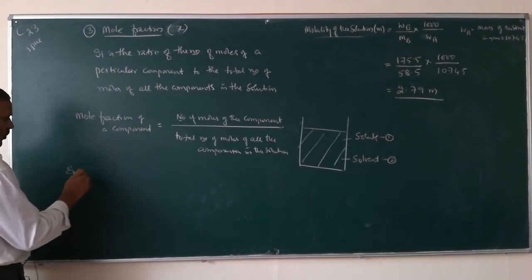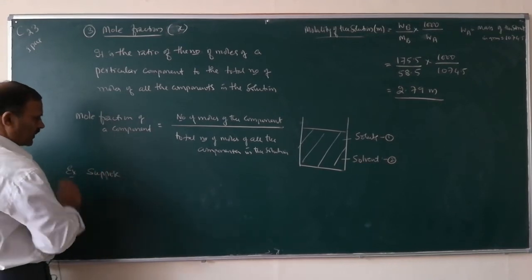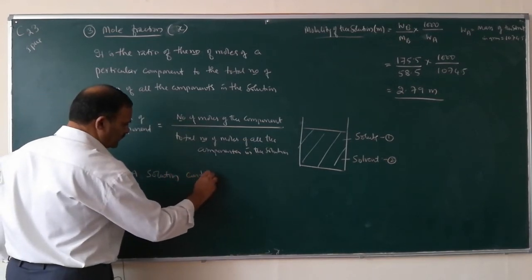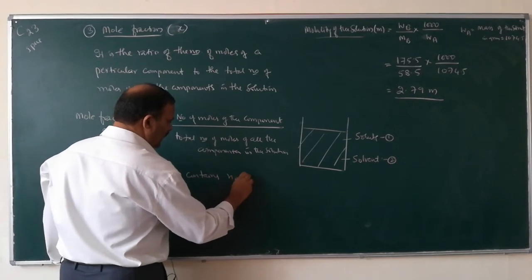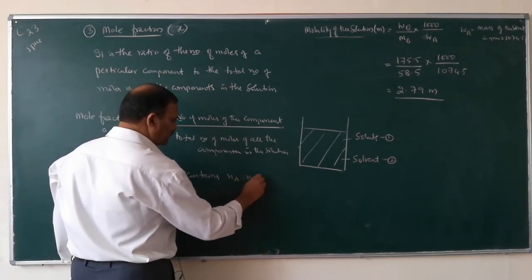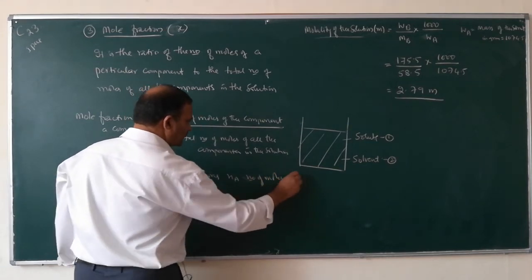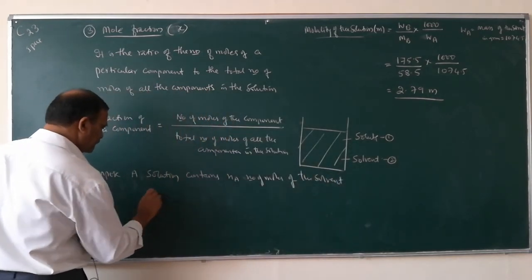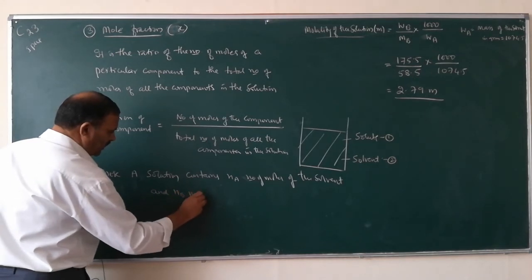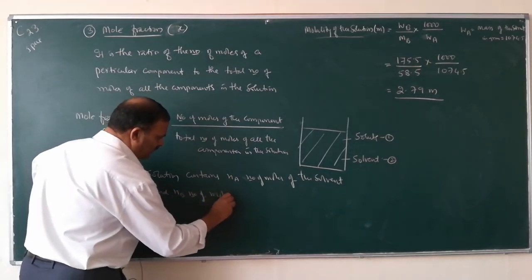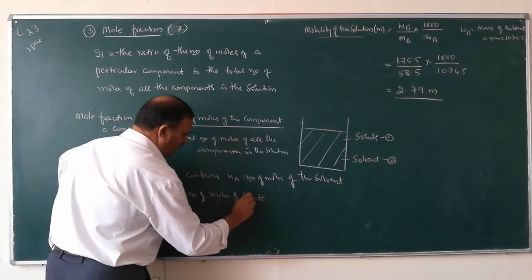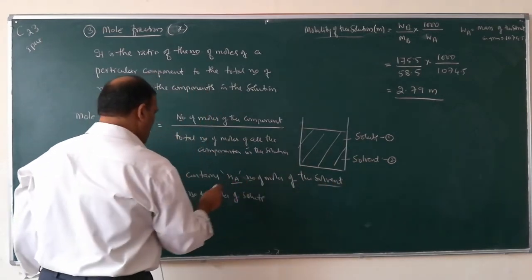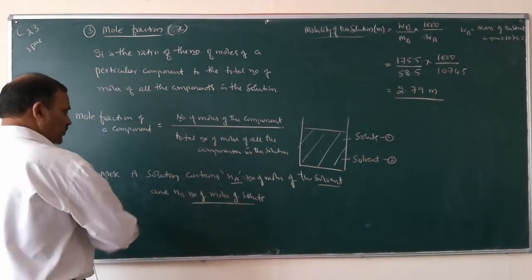Example: suppose a solution contains Na number of moles of solvent and Nb number of moles of solute.